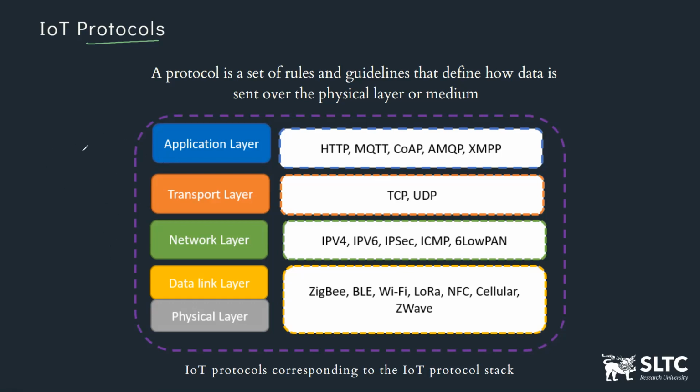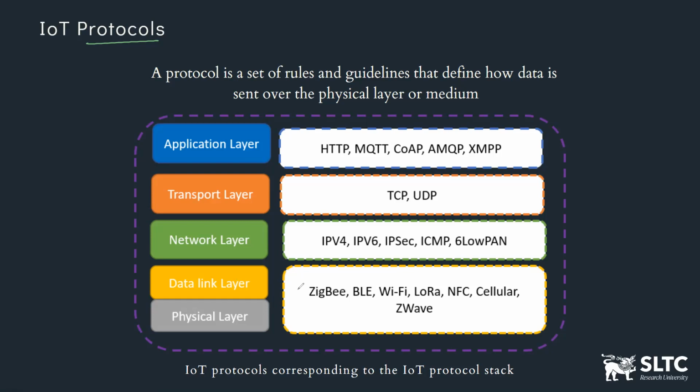However, in this course, under IoT protocols, we'll be discussing those protocols under basically 5 layers. And even in those 5 layers, we will be discussing the physical layer and the data link layer protocols in combination, because the physical layer and data link layer protocols work in combination with each other.